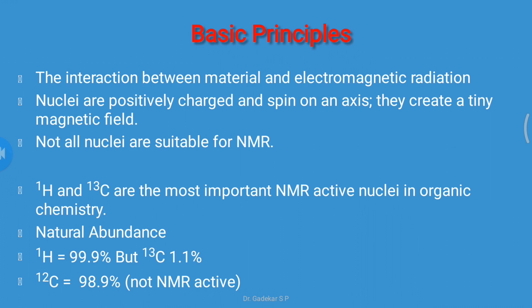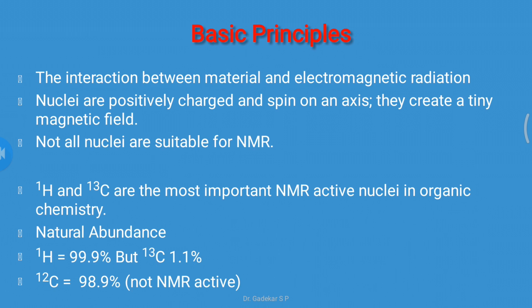H1 and C13 are the most important NMR active nuclei in organic chemistry. Why? Because of their natural abundance.